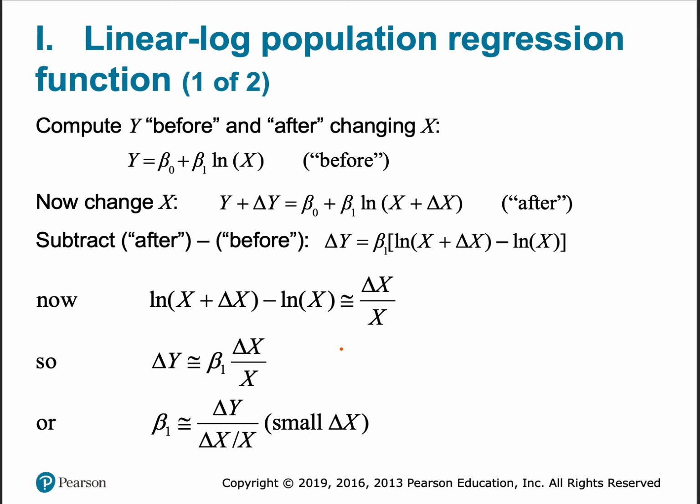So the change in y is approximately beta 1 times the change in x over x. Dividing and multiplying by x over delta x, we get that beta 1 is approximately equal to the change in y over the change in x over x, for a small change in x.